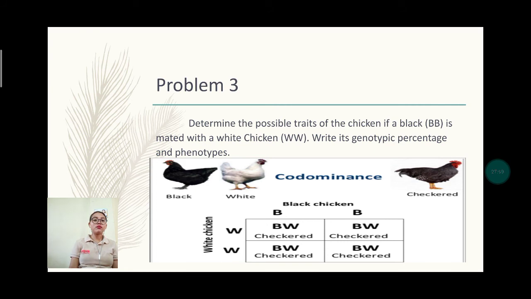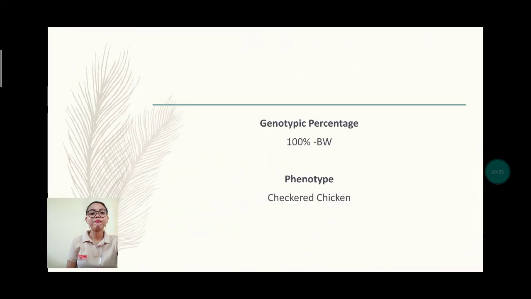So B times W, BW, B times W, BW, B times W, BW, and B times W, BW. So 100% it will yield a checkered chicken. The possible offspring of this mating is a checkered chicken.